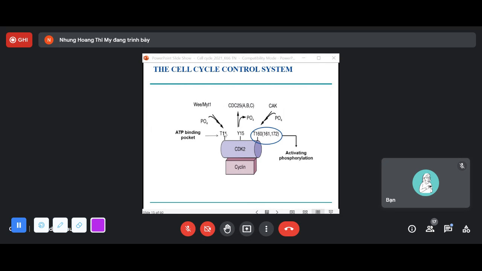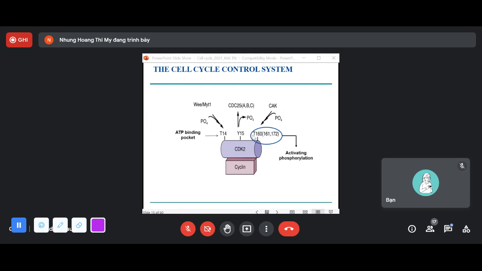So the T here means threonine, Y is tyrosine. So the threonine is the amino acid at site 14, the tyrosine at site 15, and the threonine at site 160.